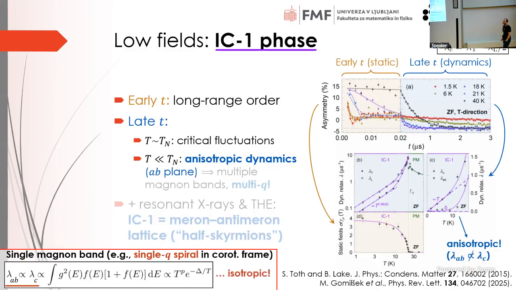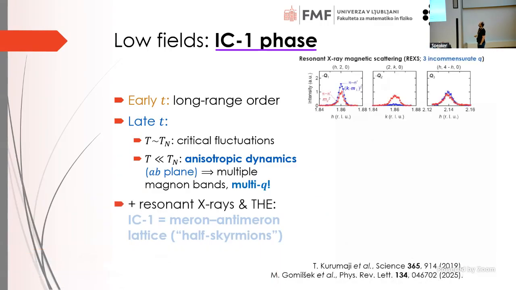Okay, so this excludes simple scenarios like the single Q spiral that was proposed as the ground state of this material, potentially in favor of a multi-Q state. So multiple magnon bands at low energies. If we combine this with previous measurements that were done in this material, resonant X-rays and topological Hall effect: resonant X-rays saw either three single Q domains or one multi-Q phase.